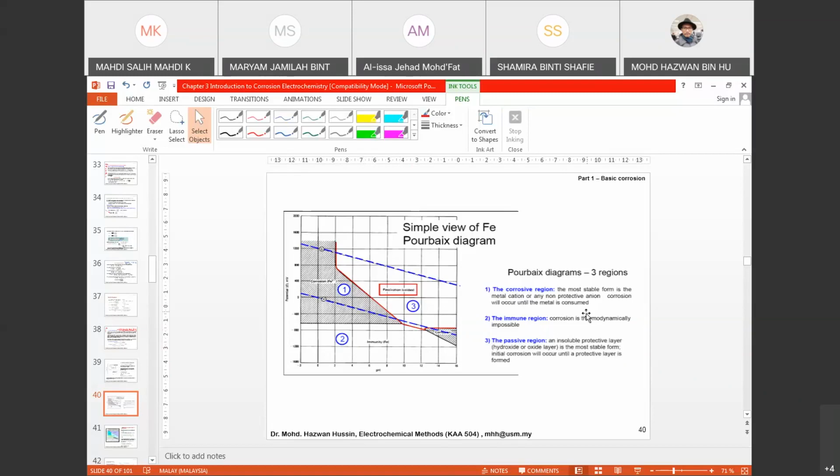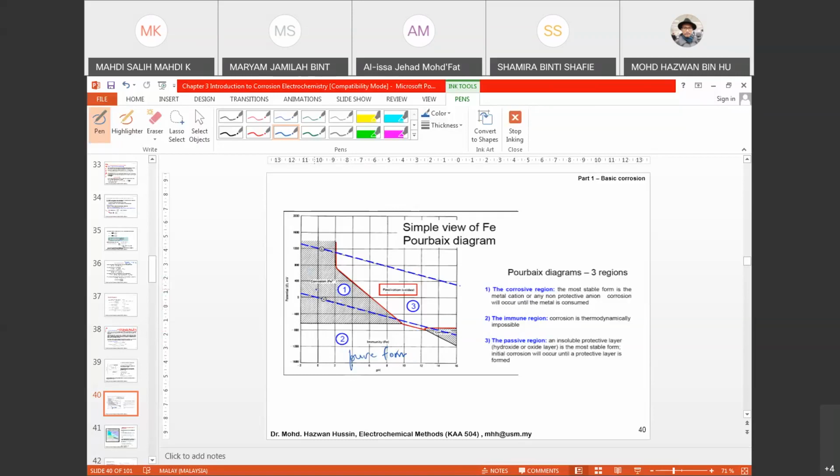Immunity means that the corrosion process is impossible, meaning that in this region the metal will exist in its pure form. This is the region that people always want. They want the metal to always be in the pure form without experiencing corrosion or passivity, right?